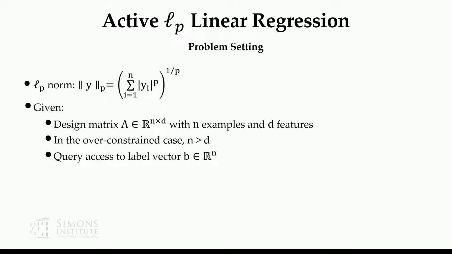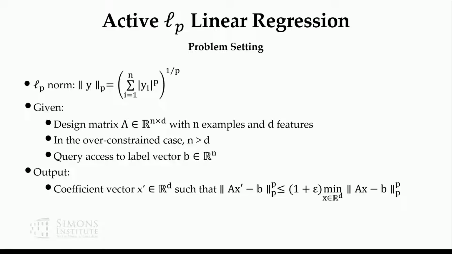Our access to the label vector b is through query access, and we want to minimize the number of queries to this vector b. We want to output a coefficient vector x prime in R^d, and we're looking for a relative error solution. So the p-norm of Ax prime minus b, the regression cost, is at most 1 plus epsilon times the optimal regression cost. And as I said, we want to minimize the number of entries in b that we read.